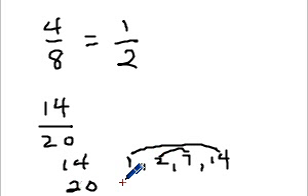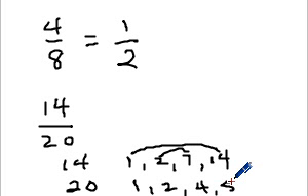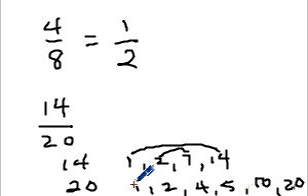And the factors of 20 would be 1, 2, 4, 5, 10, and 20. So again, they come in pairs: 1 and 20, 2 and 10, 4 and 5.